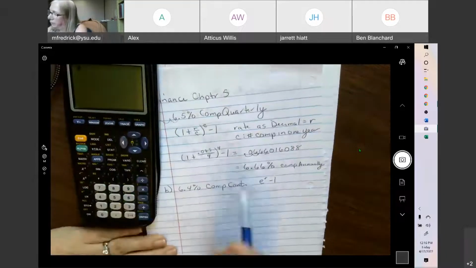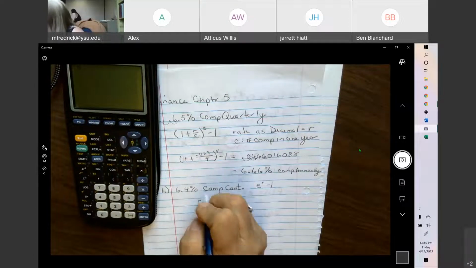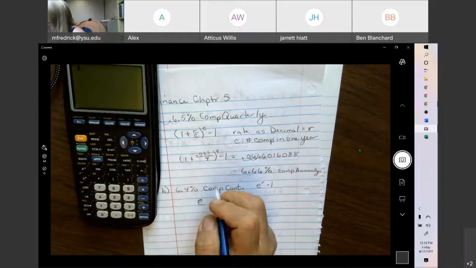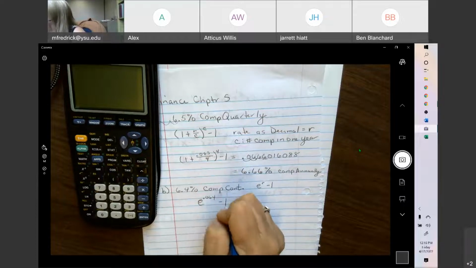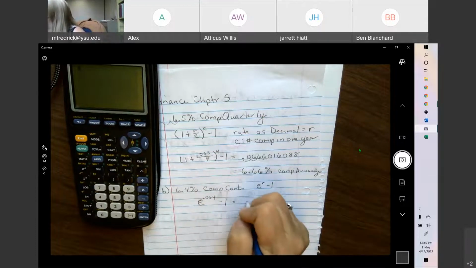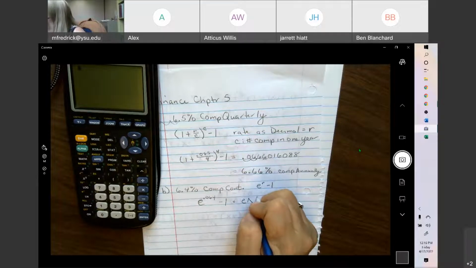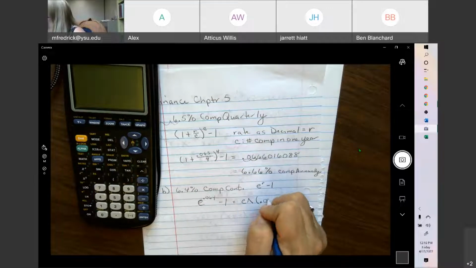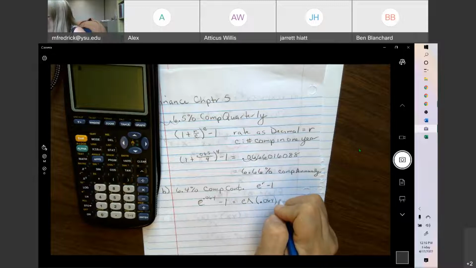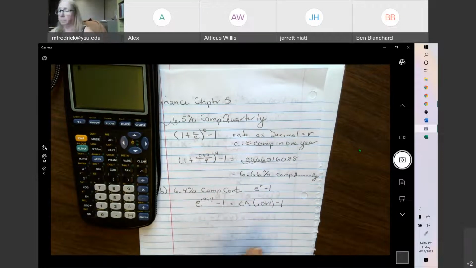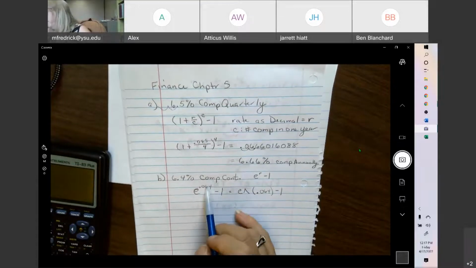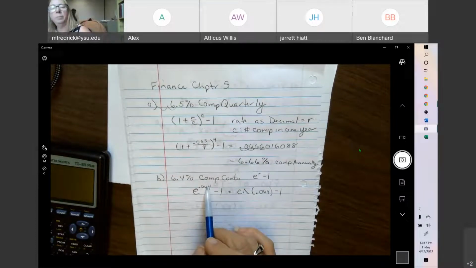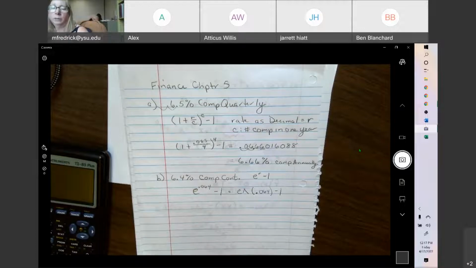Again, we want to write it as a decimal. So E to the 0.064 minus 1. Now, most of the time when you enter it, it gives you a caret. Then you put your 0.064, close the parenthesis and subtract 1. If you have a TI-84, it actually puts it up here, so make sure you come back down before you subtract 1.